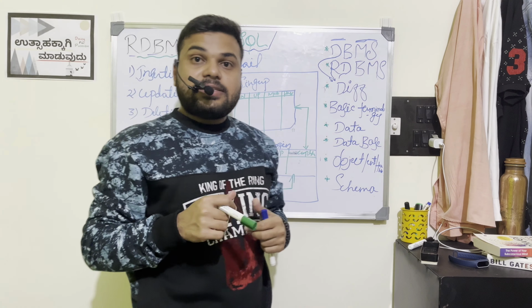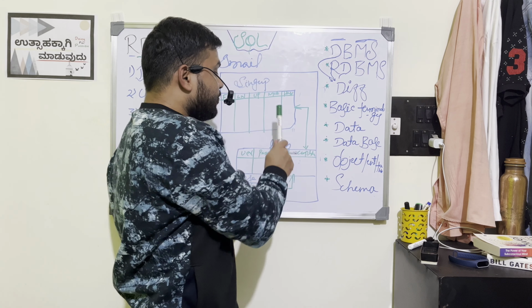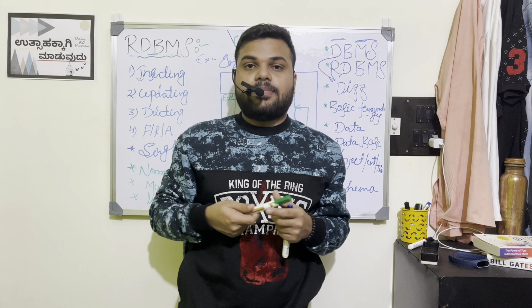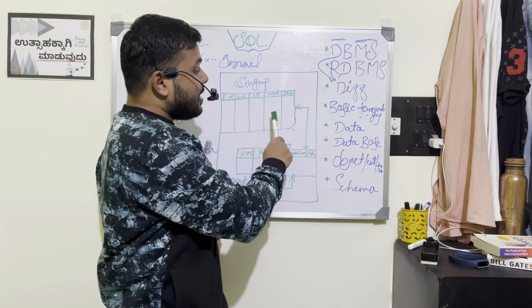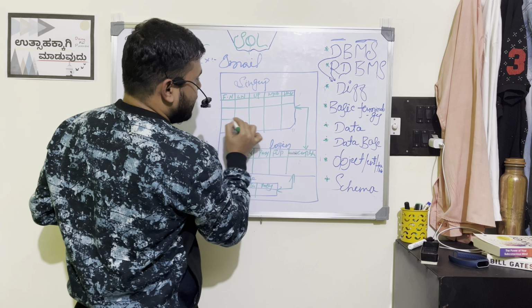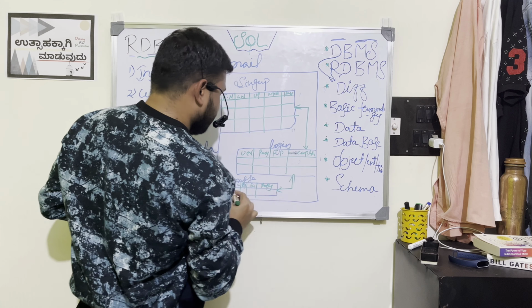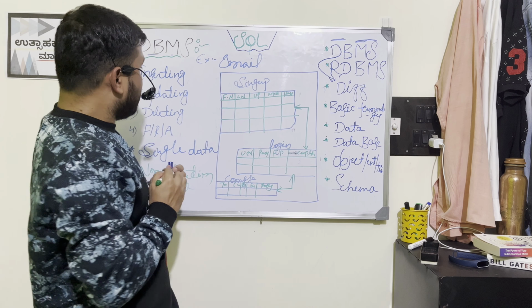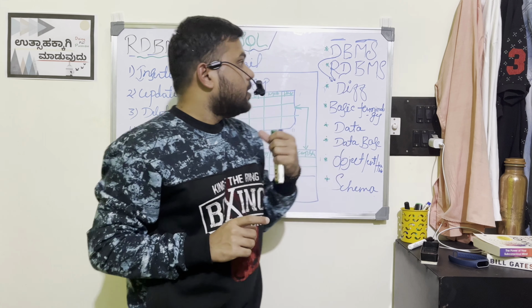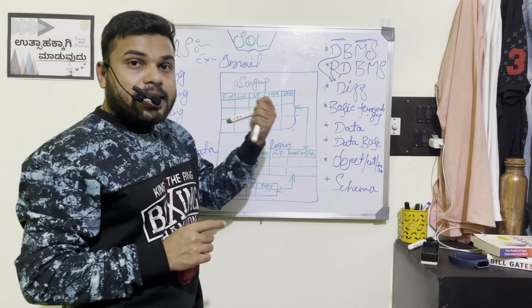In RDBMS, data will be stored in table format. Hence, we can establish a relationship between the tables. Okay? We can say EF Codd is the father of RDBMS. This is all about RDBMS.